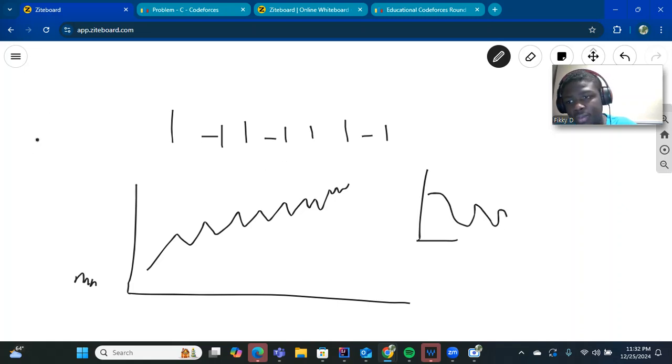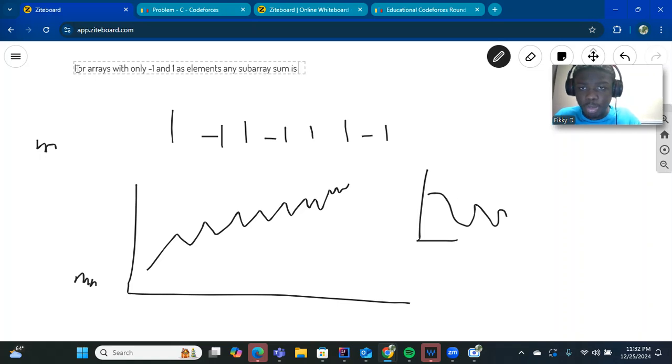Let me explain this much better. This is the statement I'm trying to prove for arrays with only -1 and 1 as elements: any subarray sum is possible between the min subarray sum and the max subarray sum.